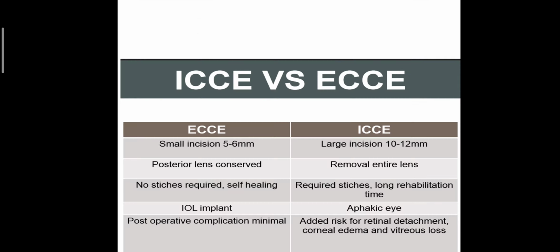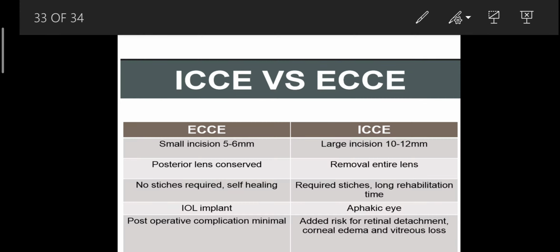Coming to the differences between ICCE and ECCE: in ICCE we have a large incision, like I told you, around 10 to 12 millimeters, whereas in this case, this is mainly small incision cataract surgery that I mentioned. It's not 5 to 6, it's approximately 5.5 to 7.5, depending on the hardness of the nucleus.